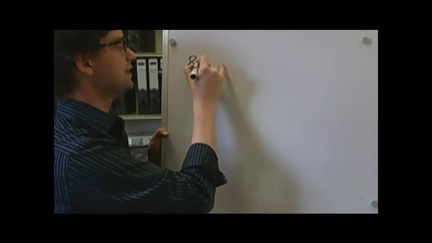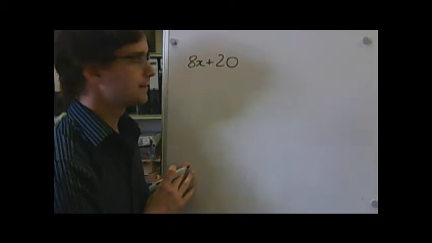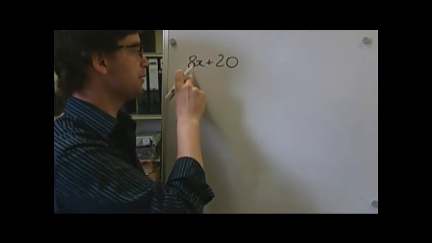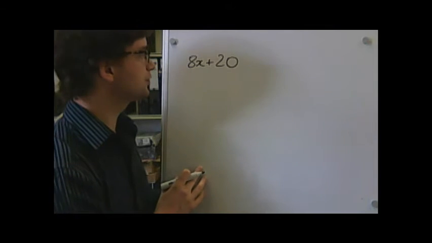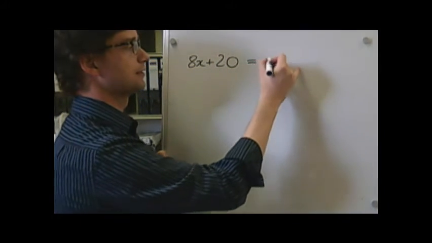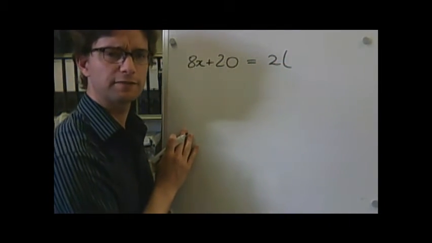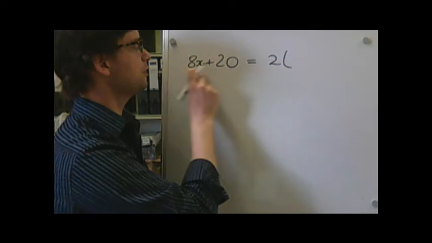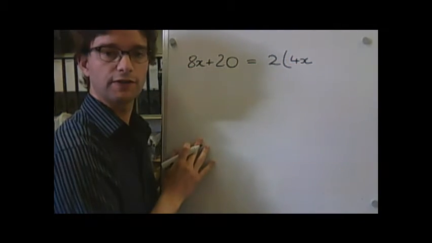Suppose we've got 8x plus 20. You think of something that goes into both this and this. Well, you could say 2. I can get 2's into 8 and 2's into 20. So I'll bring a 2 out in the front and create a bracket and think to myself, what do I need to multiply by 2 to get 8x? And quite quickly we'll get that I need 4x.